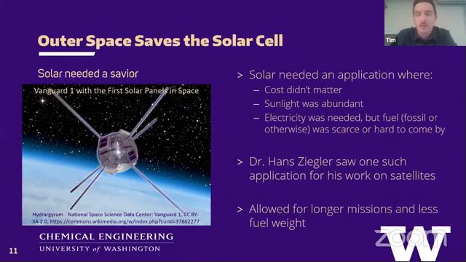And so you could have much longer missions, and get a lot more useful data and a lot more surveillance from these initial satellites that were launched into space. And so in a way, NASA and the space race saved the solar cell and kept it from going into complete obscurity. And that's Dr. Hans Siegler, who saw the potential for this sort of application.